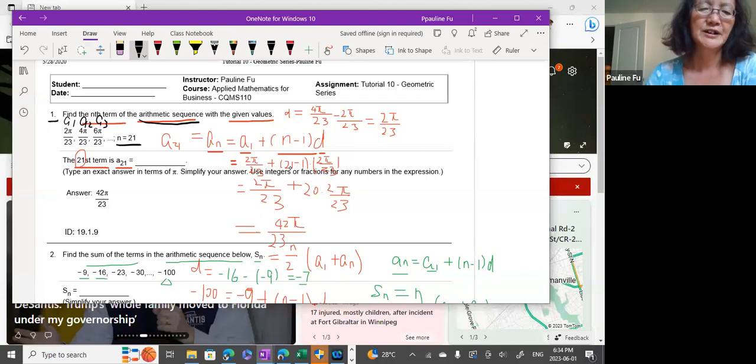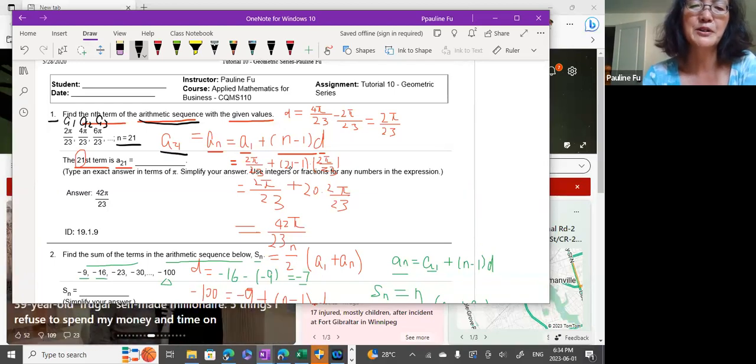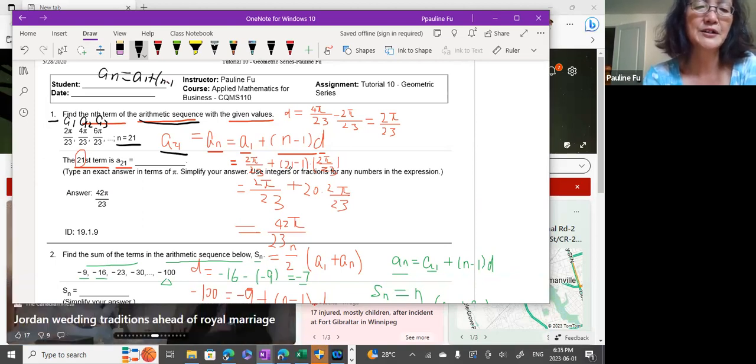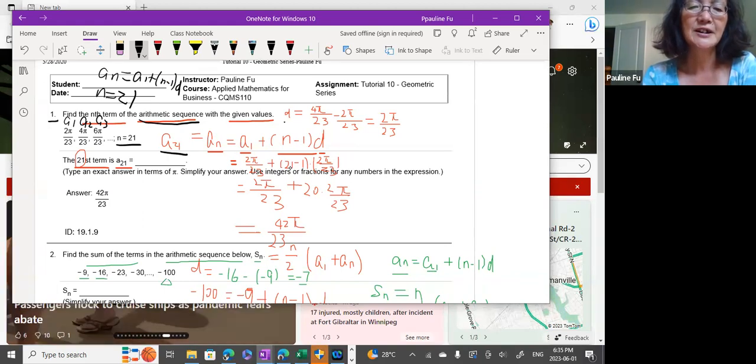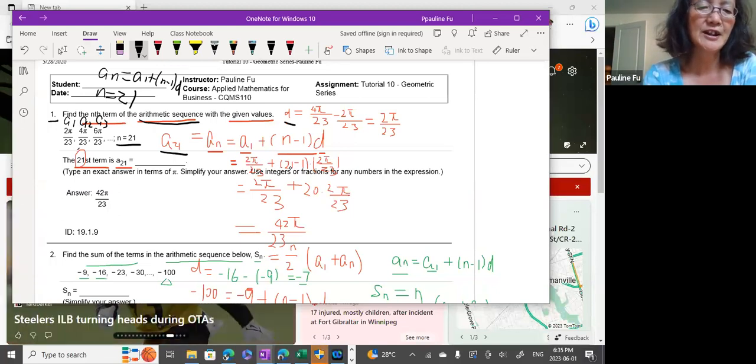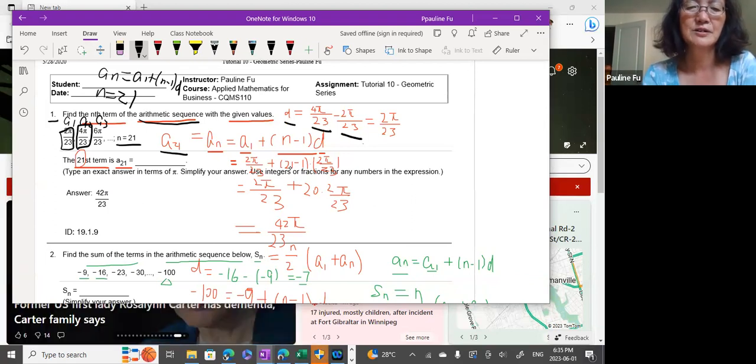You just use the formula an equal to a1 plus n minus 1 times d. Plug in n equal to 21. What is d? d is the difference between two adjacent terms, so the second item minus the first item.